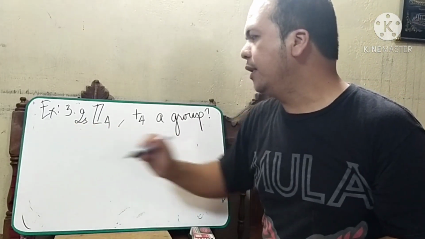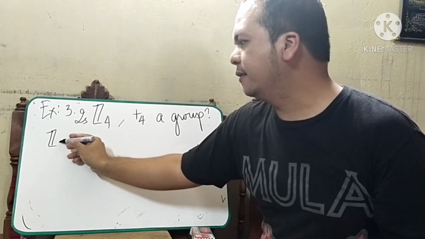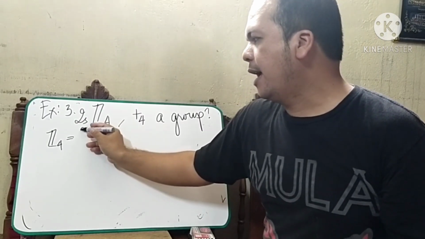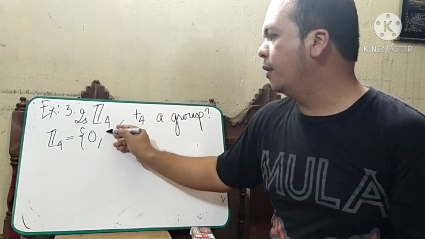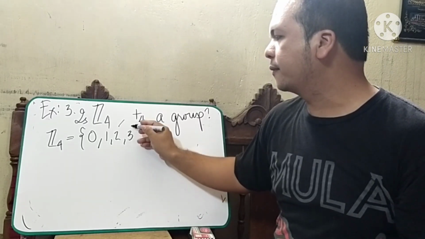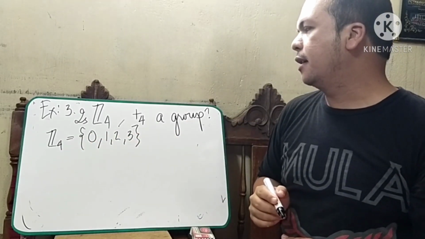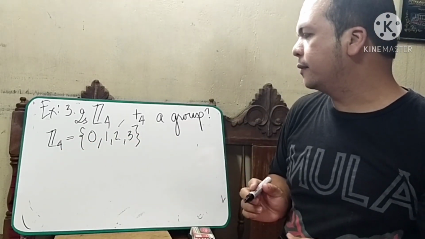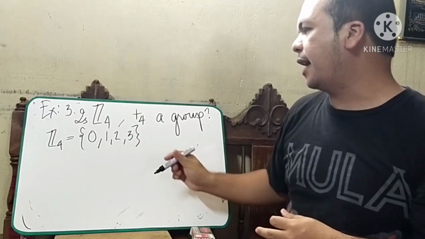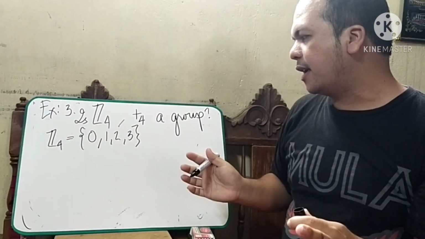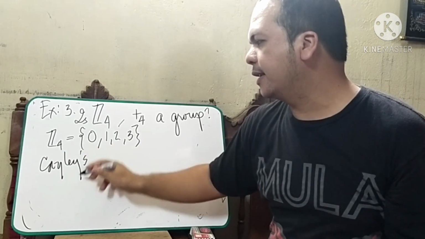Now, to show that this is a group, we know that Z sub 4 is a set whose elements are 0, 1, 2, and 3. Now, to have a better grasp of what it means, okay, about Z sub 4, let us construct a Cayley table. We call it the Cayley table.